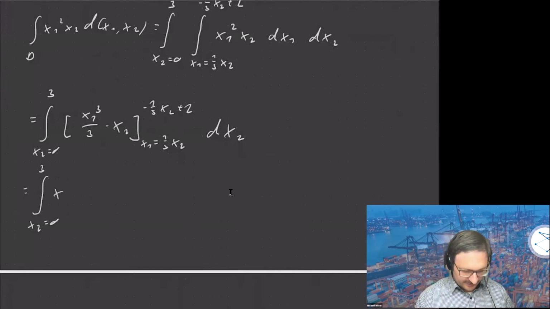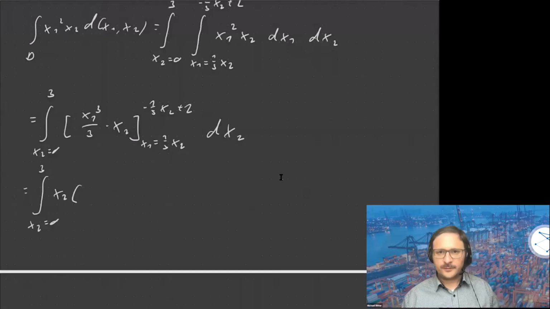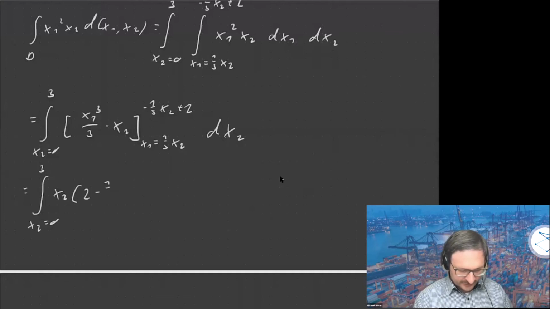And then we have x2 times, first bound here is 2 minus 1/3 x2 to the power of 3. Minus, and the lower bound, that is, sorry, I think I messed up with the third, right? Yes, right.